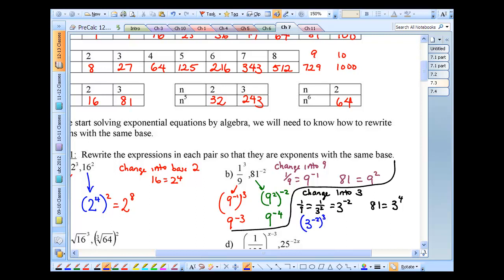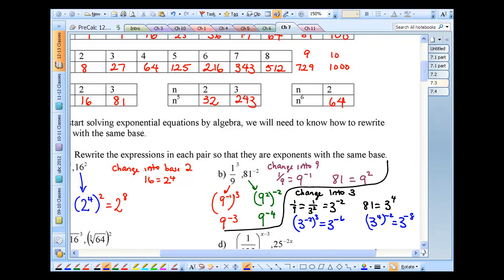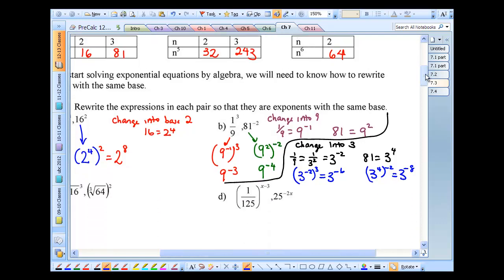That's the one on the left. And that would be 3 to the negative 6. The one on the right would become 3 to the power of 4 to the power of negative 2. And that would be 3 to the power of negative 8. And that works just fine as well. Okay. All right, I'm going to let you try part C and then D. Okay, you try.